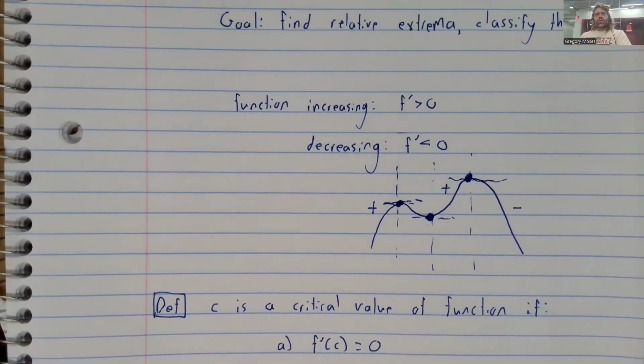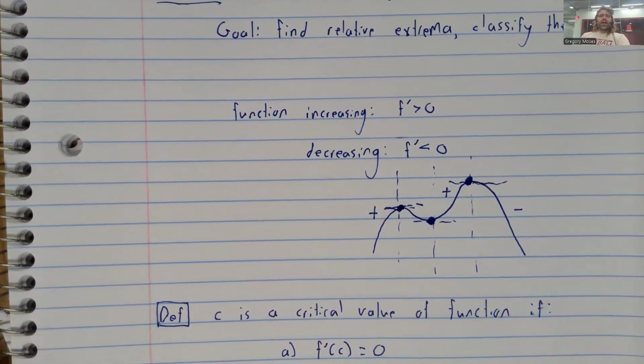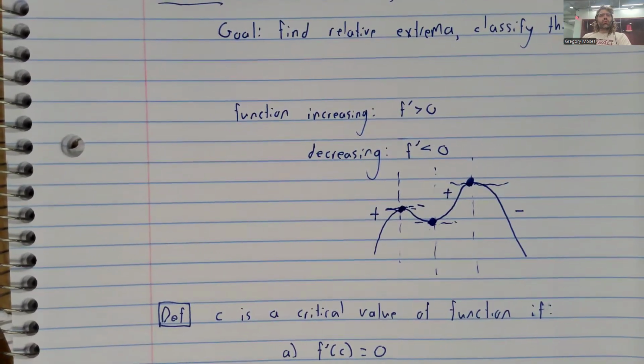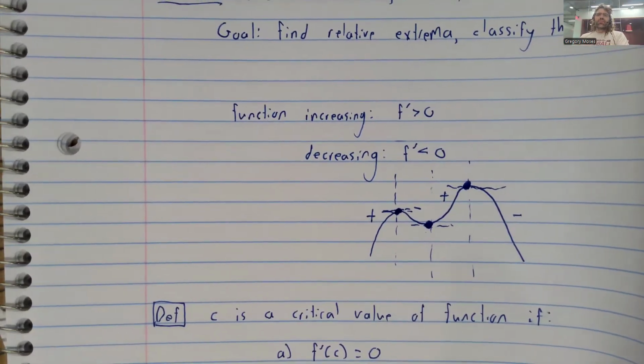So, in terms of accomplishing our goal of finding and classifying local extrema, step one has to be to find the critical values. If we've accomplished that, we're halfway there. We're maybe more than halfway there.